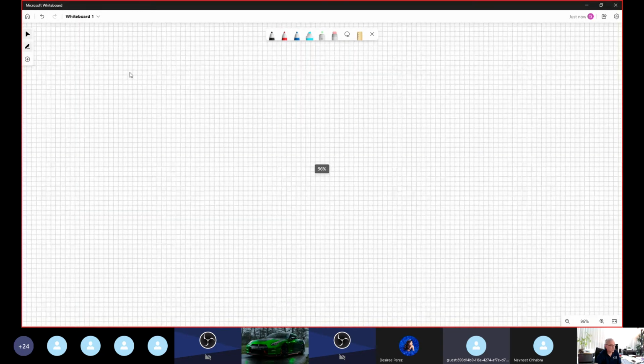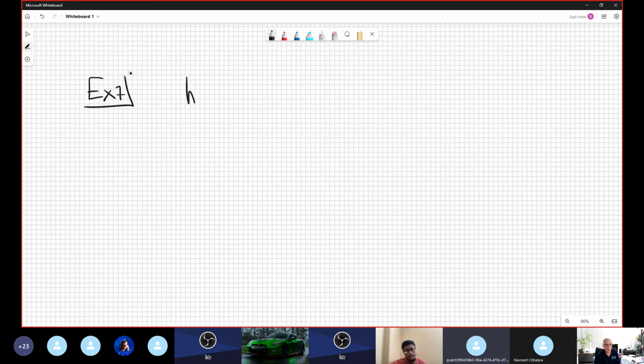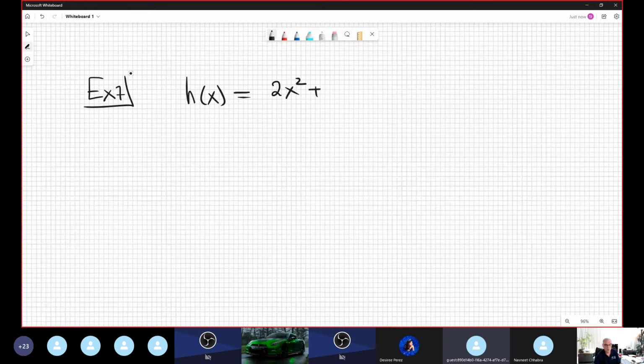Cool. Example 7: h of x is equal to x squared plus 9x plus 4 divided by x plus 2.